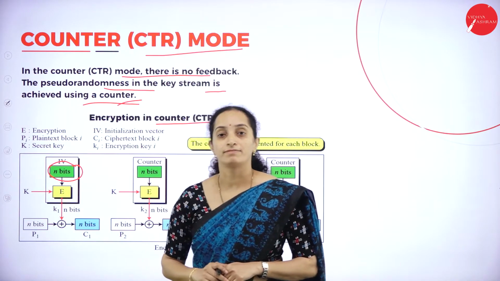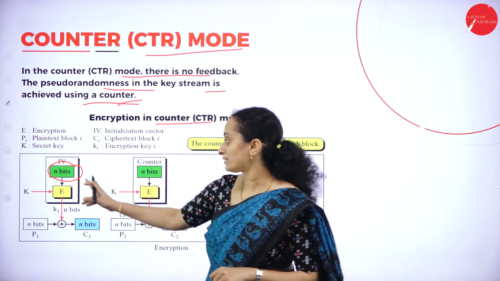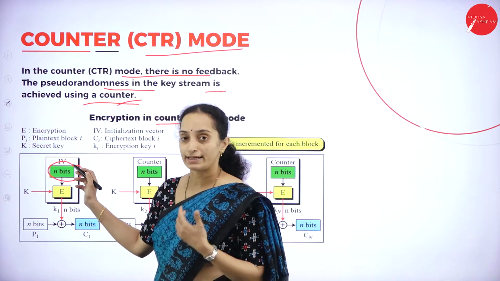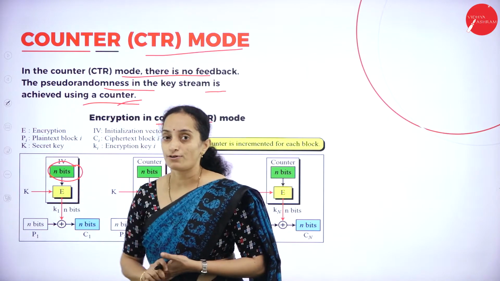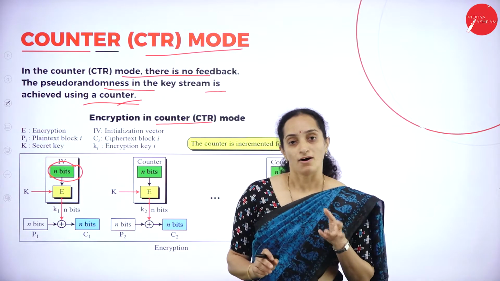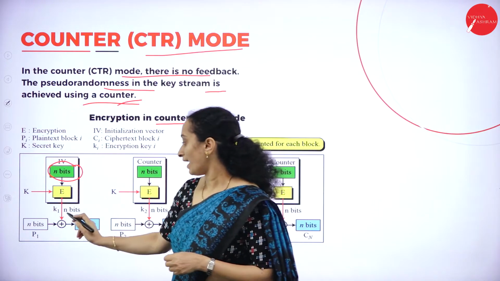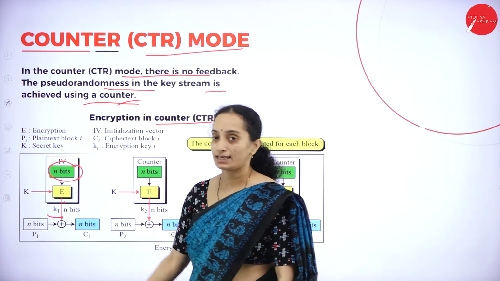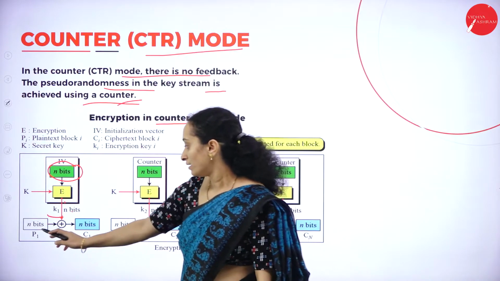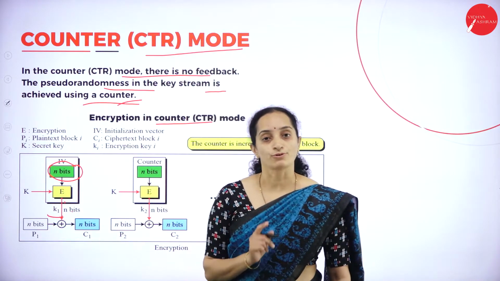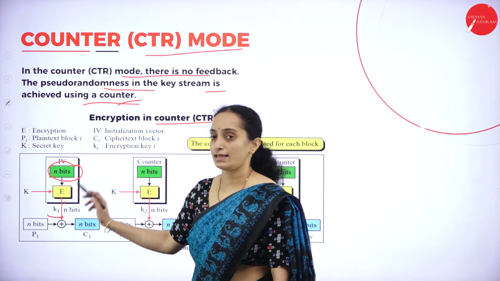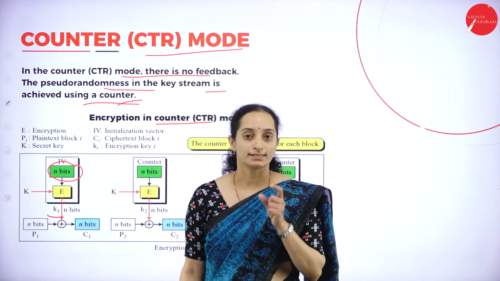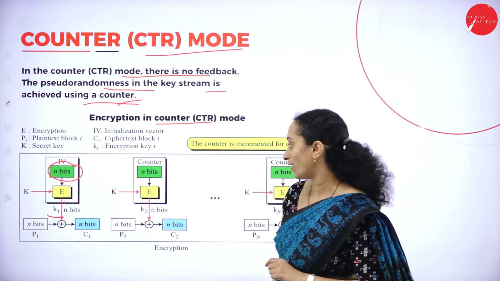It is applied with an encryption algorithm, giving n random bits. Along with the key set K1, these are combined with the n bits of the plain text, XOR both, and you get n bits of the ciphertext, block 1.